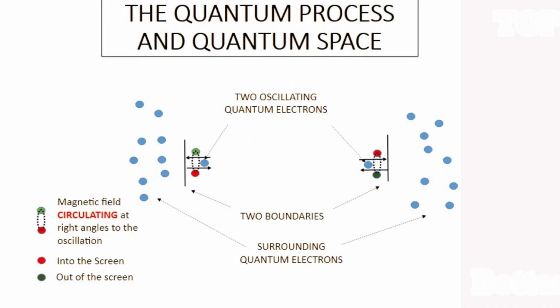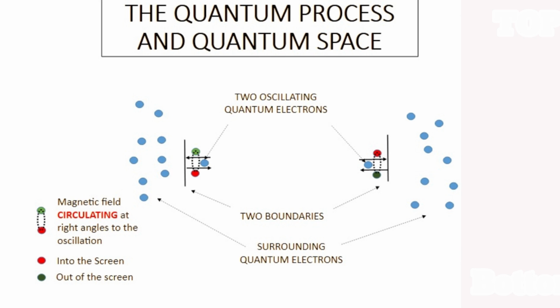The quantum electrons are oscillating between their respective arrows, and the vertical lines represent the boundaries of the process. Now, in the sense that processes build things, we can propose that the moving quantum electrons make the one-dimensional space in which they move. So each quantum electron makes a quantum distance.